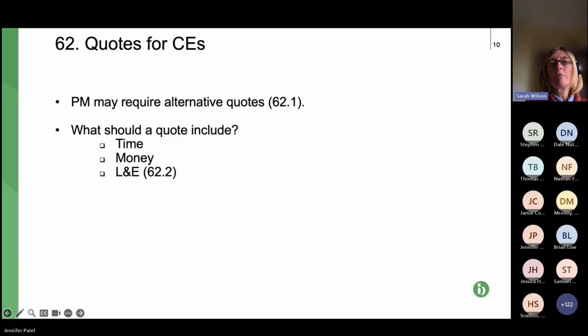Yeah, the project manager can require alternative quotes. The other point to bear in mind when we looked at those deeming provisions, so where the contractor has to give that reminder in circumstances where the PM fails to accept or reject a quote: when the contractor gives a reminder in circumstances where it's given alternative quotes, the reminder must state which quote the contractor deems will have been accepted.